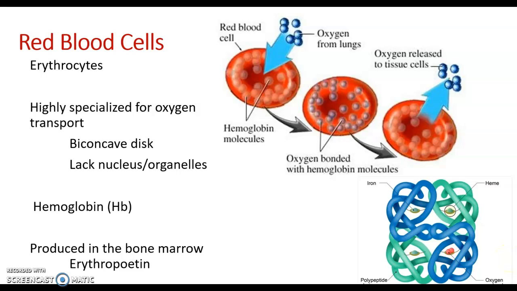And because these red blood cells don't have anything else taking up their space, they're jam-packed with hemoglobin. So that increases their efficiency at being able to carry the most oxygen from the lungs or carry the most carbon dioxide back to the lungs to be breathed out.